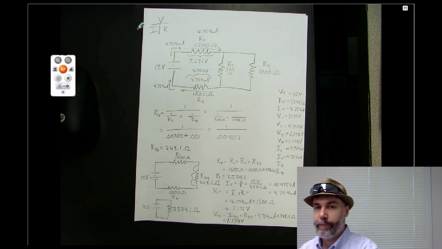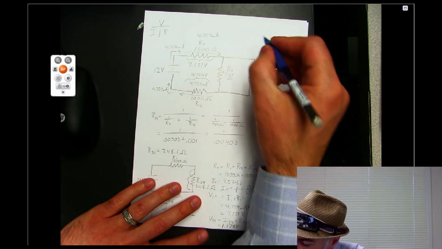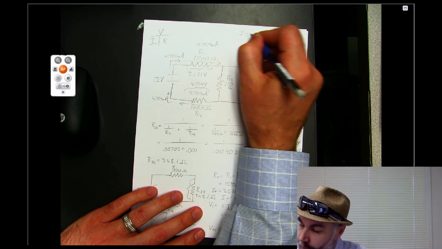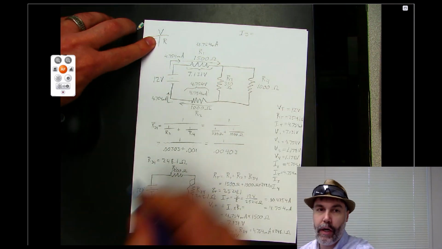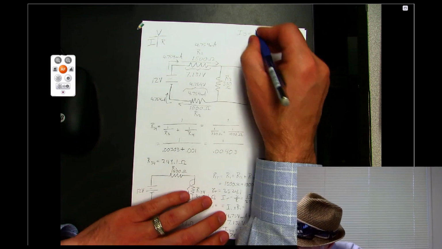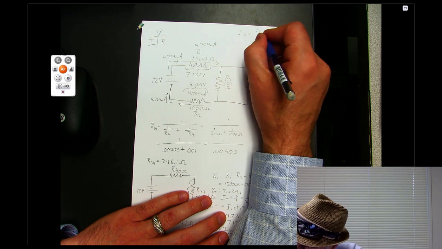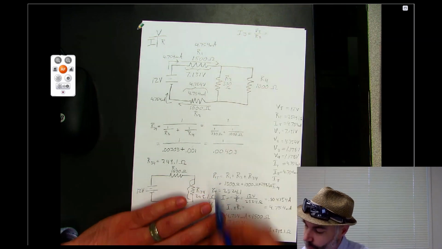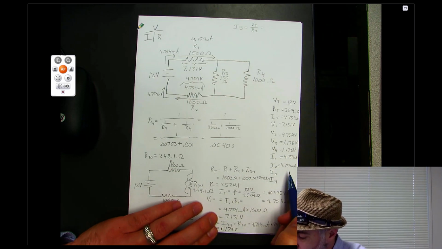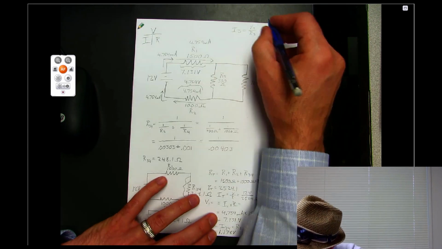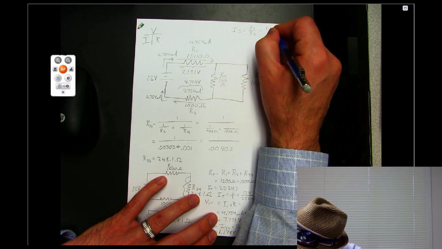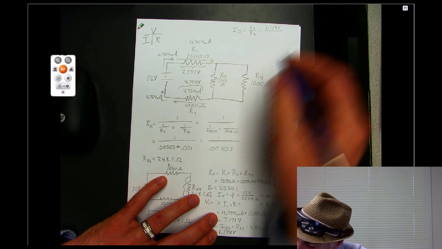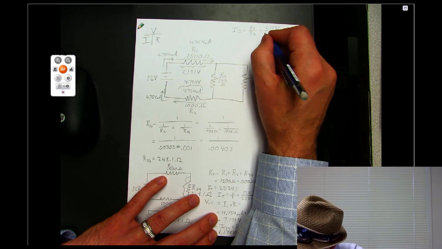So up here we can write I3 equals, we cover up I, we see it's V over R. So V3 divided by R3. We know that V3 is 1.178 volts, and R3 is 330 ohms.